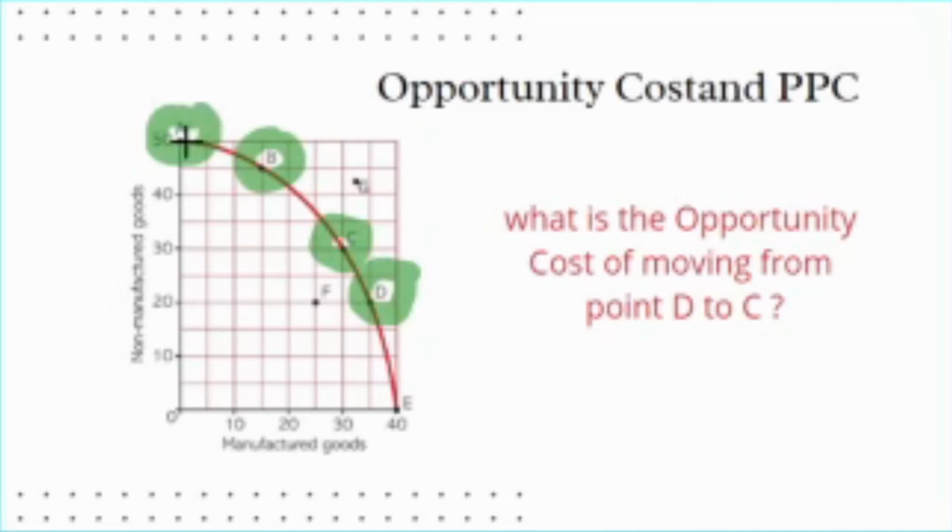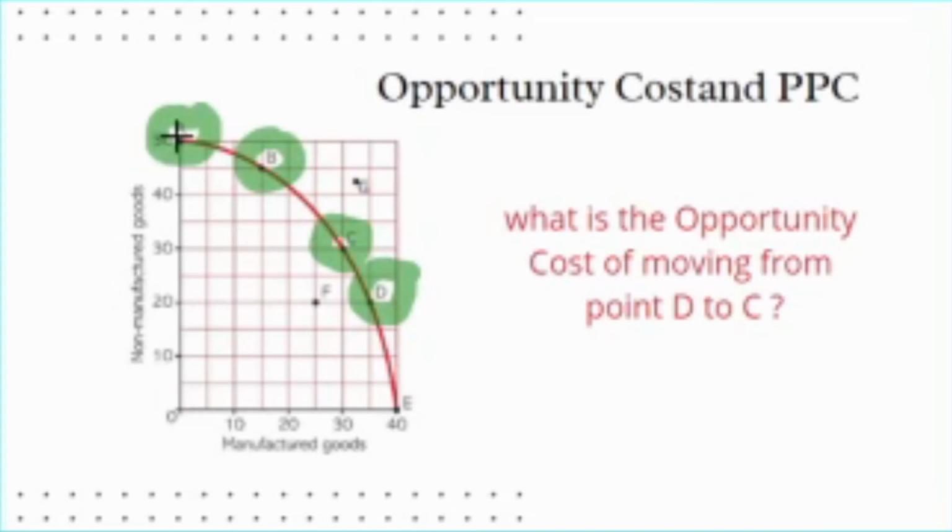If you look at point A and read the coordinates, you can see this PPC has two different goods, non-manufactured goods and manufactured goods. At point A, this economy is producing only non-manufactured goods. So they are not allocating any resources for manufactured goods. So the resources are at a zero level.